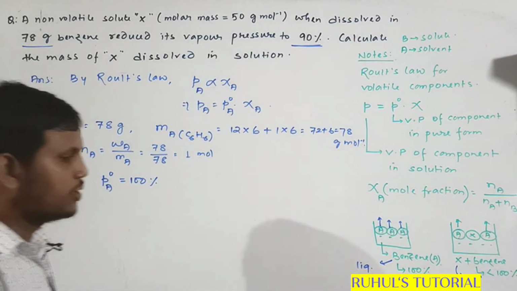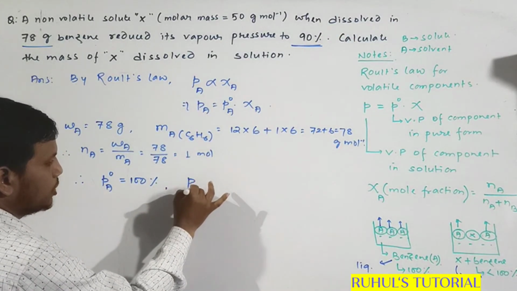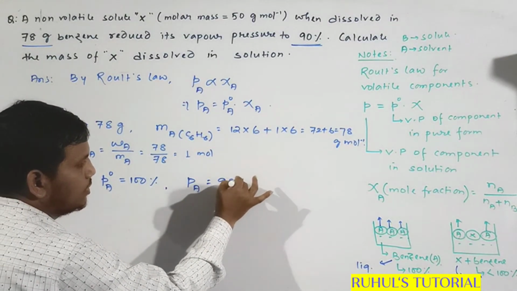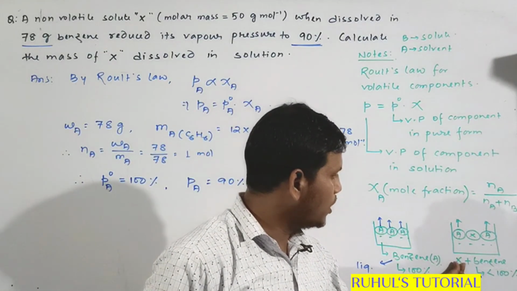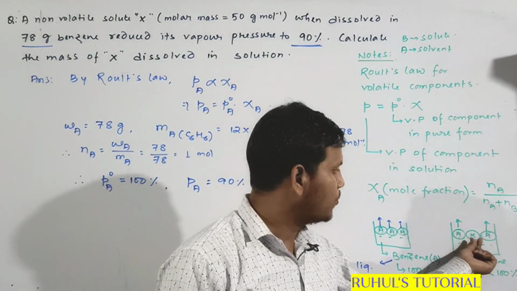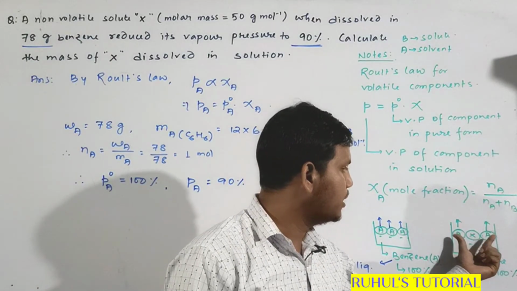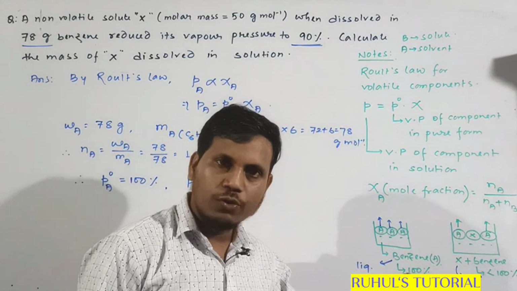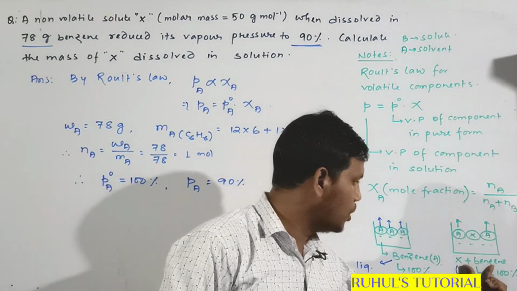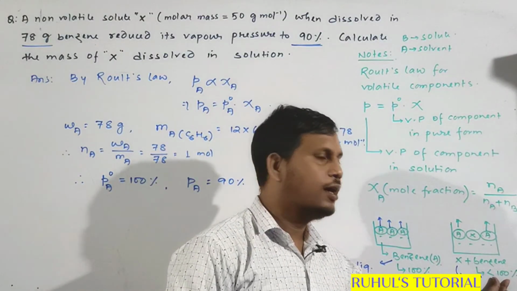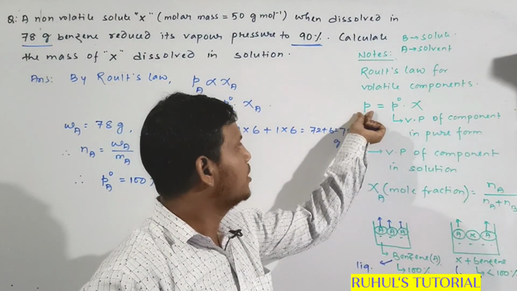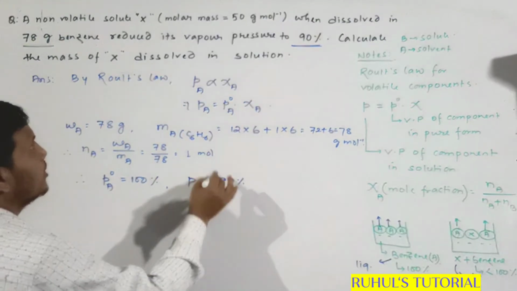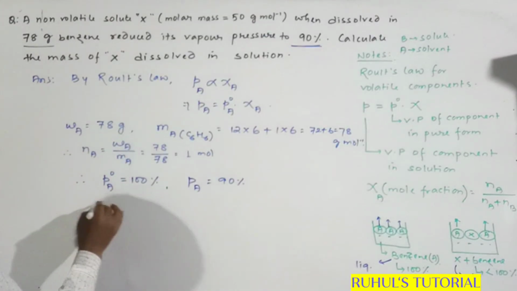That means the vapor pressure of A, benzene in solution, is 90, because when a non-volatile solute is added, it will not evaporate, resulting in a decrease in the vapor pressure of benzene. If in pure form it is 100, in solution it will be less than 100. P is the vapor pressure of the component in solution, which is less than 100. The given is 90, so PA is 90.